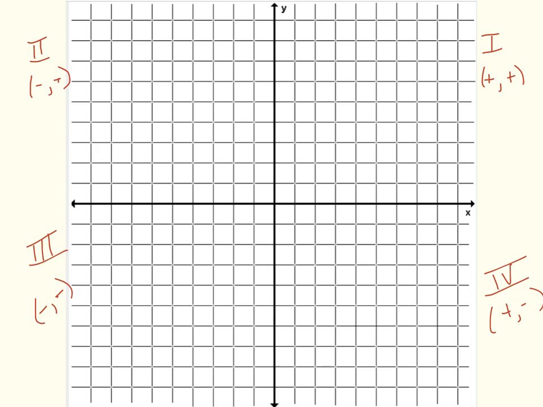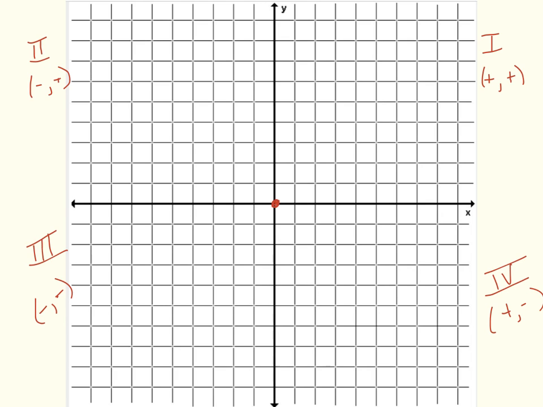Now, these are simply called the 4 quadrants, and of course you know in Spanish, that sounds like cuatro, which means 4, or in English, quarter, which also refers to a fourth of something. So there's a new term that you need to be using and memorize. And you also, of course, need to memorize that right in the center here, we call that the origin.